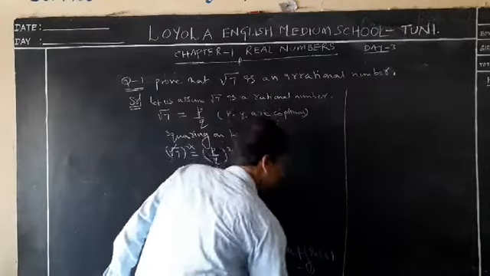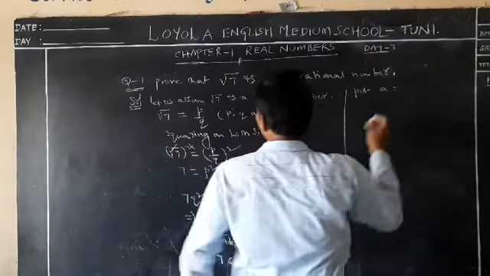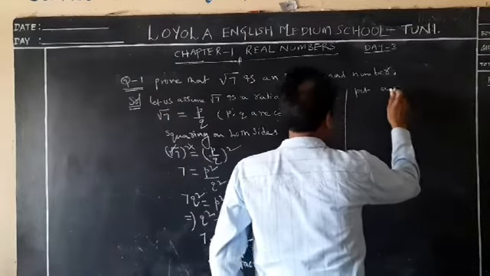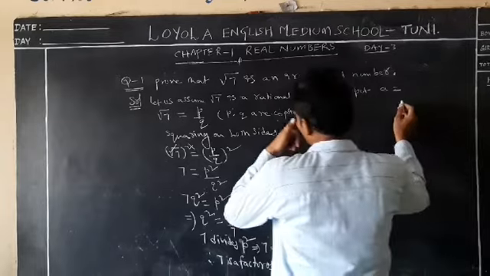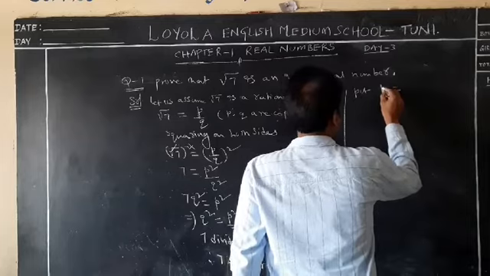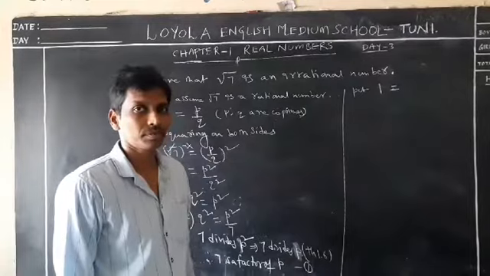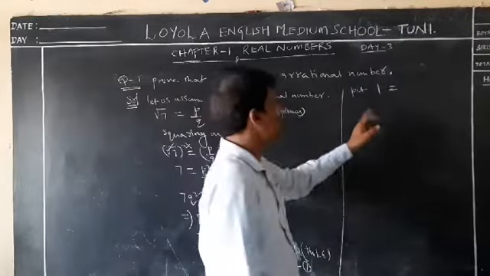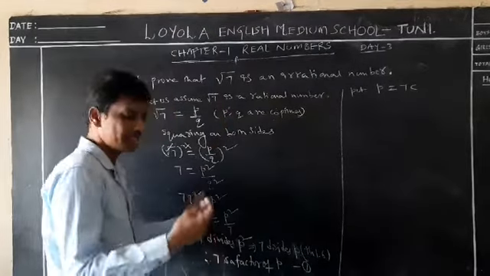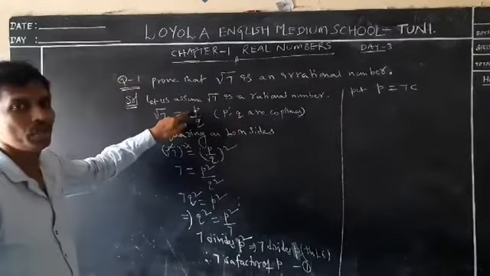Put p is equal to 7c, or 7x or something. We have to substitute something in place of the numerator.